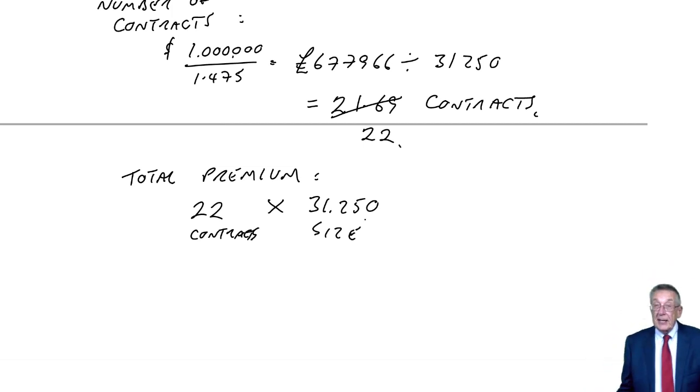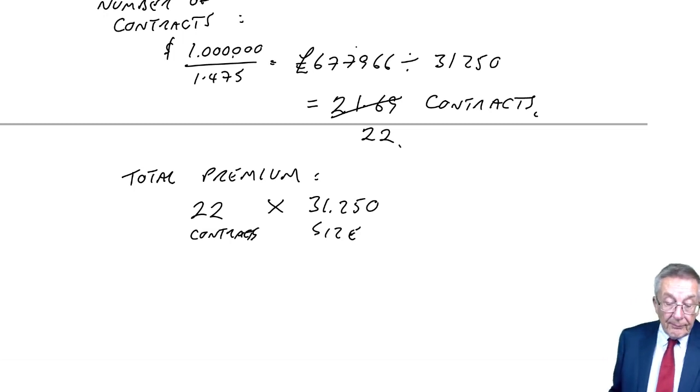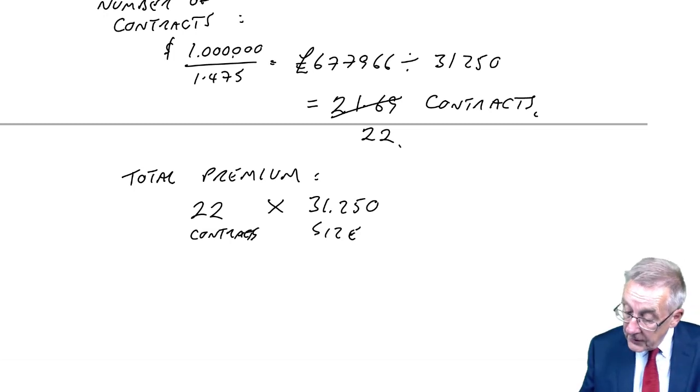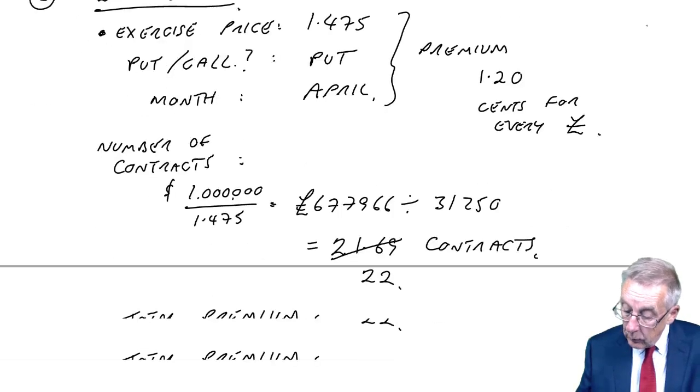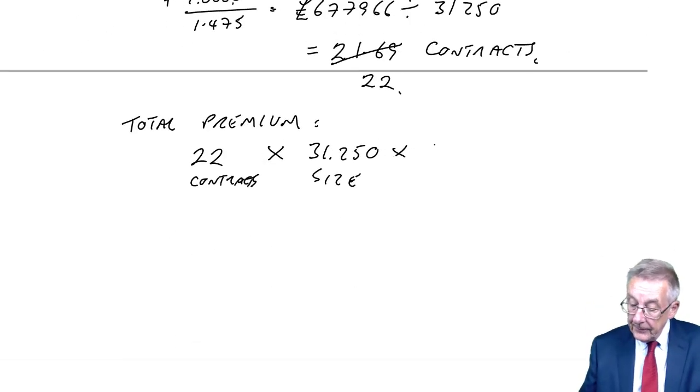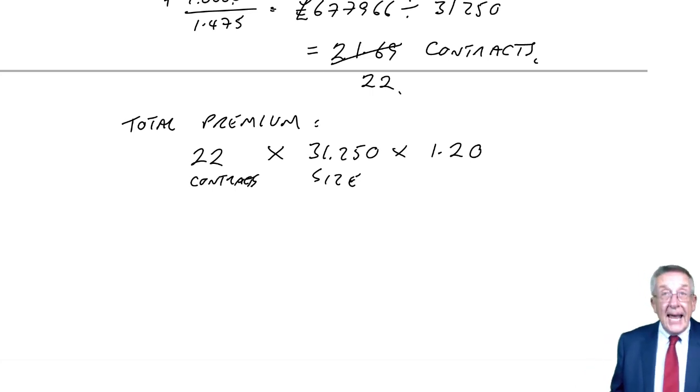Now, I'm not going to multiply that up and write an answer, it's wasting time, but however many pounds that comes to, the cost will be, what was it, 1.20 cents for every pound.